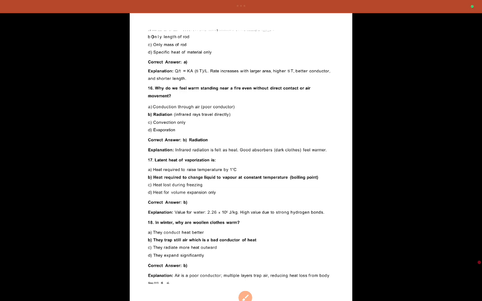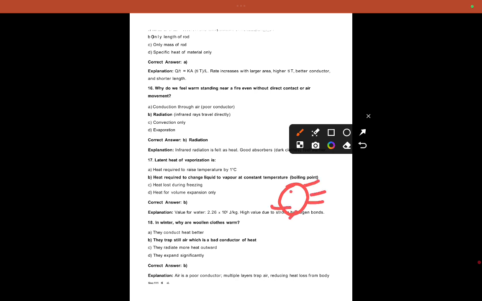Coming to question number 16, why do we feel warm standing near a fire even without direct contact or air movement? During the winter season you may experience this condition. You are standing near the flame and you get a warm feeling even though there is no direct contact.